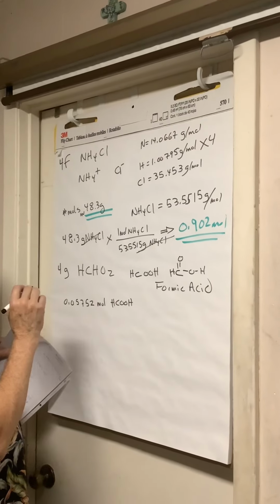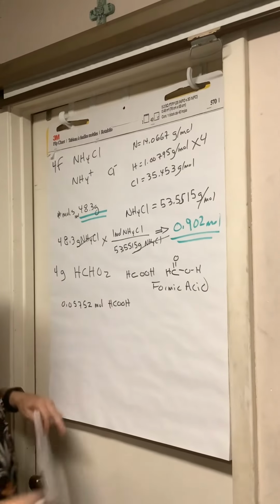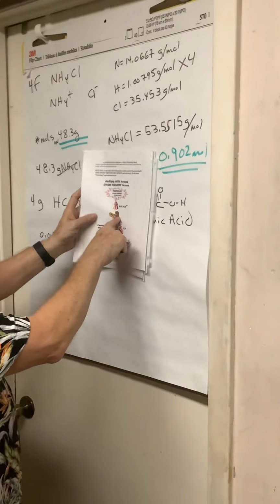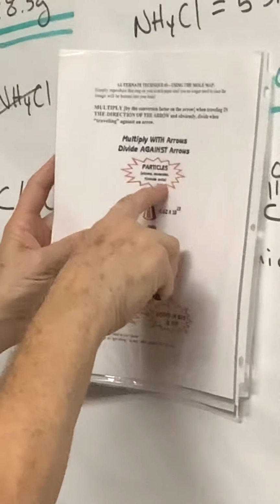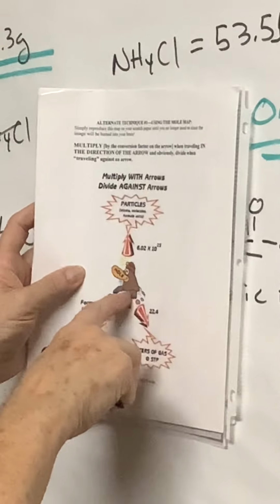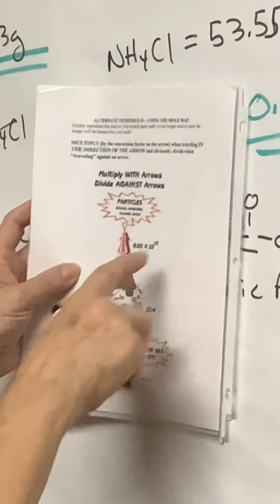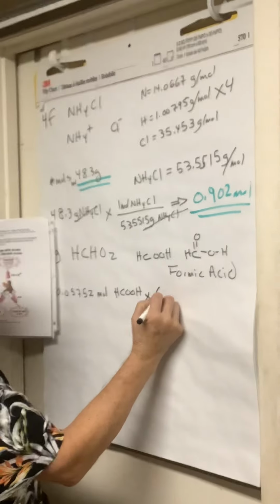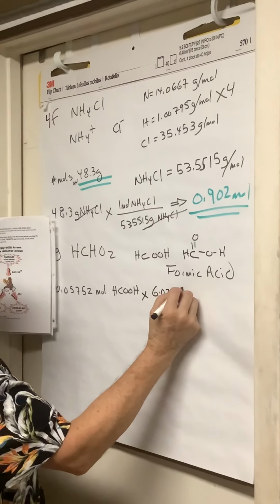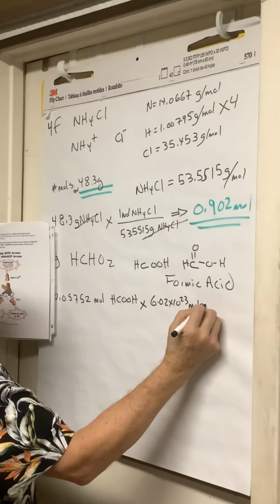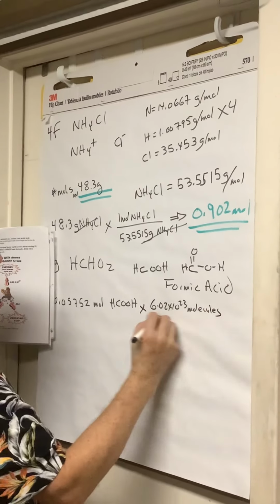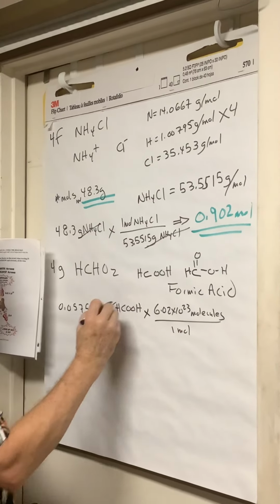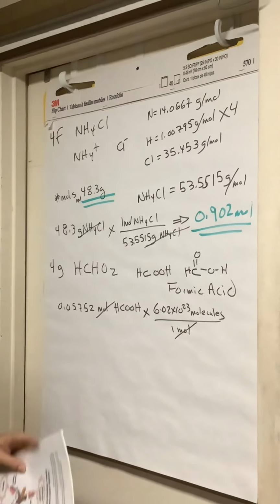So, if you use your mole map, you know that to go from moles, they gave you the moles, to number of particles, atoms, molecules, or formula units, you multiply times 6.02 times 10 to the 23rd molecules per 1 mole of formic acid. So my moles cancel, and I'm left with molecules.